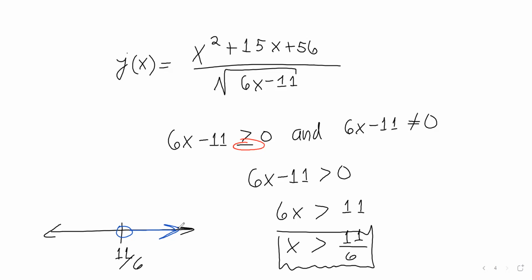So that's a combination of having a denominator and a radical. But yeah, we almost covered an example of each type of problem. But now what if the radical was in the numerator? Because notice how this allows us to ignore the numerator entirely. There's no restrictions on it. It's a polynomial.